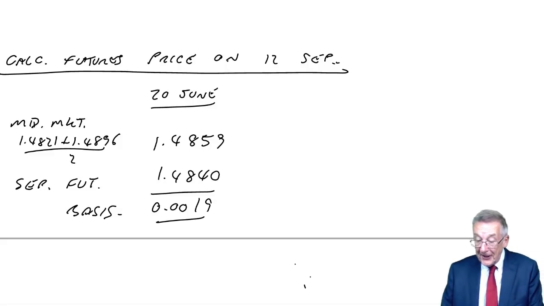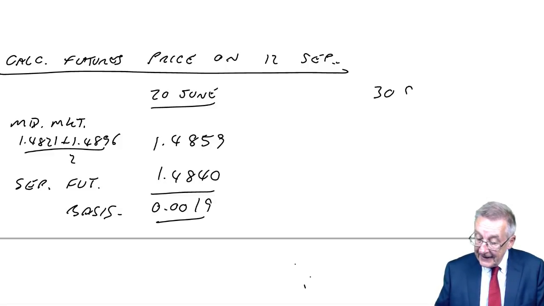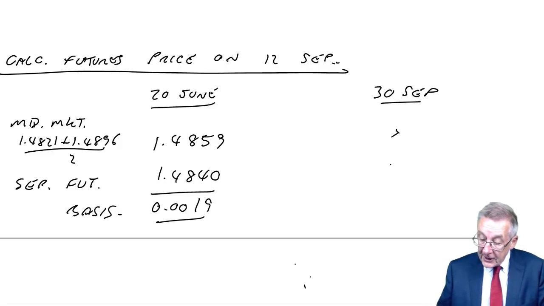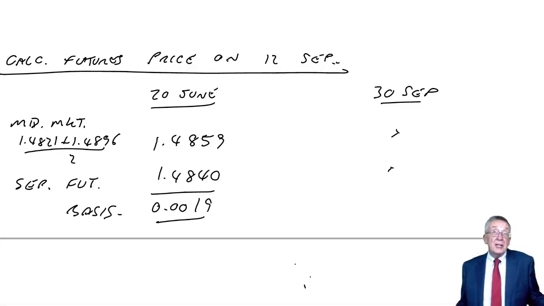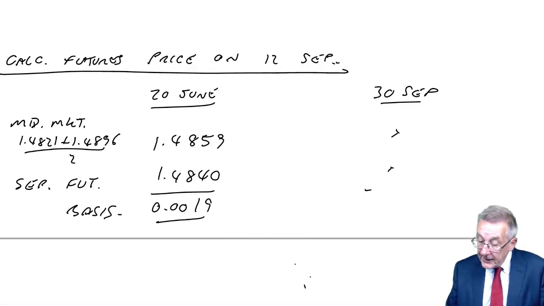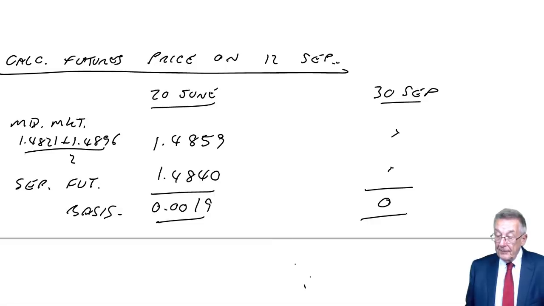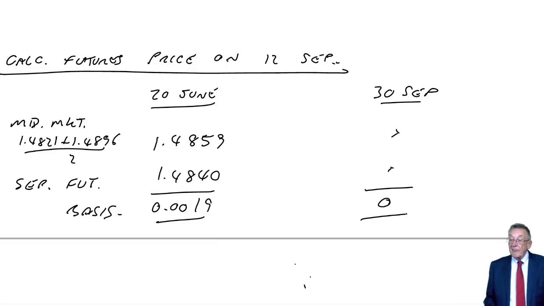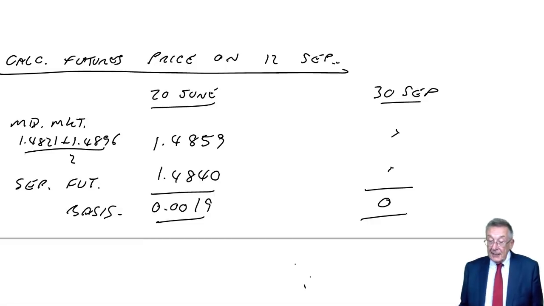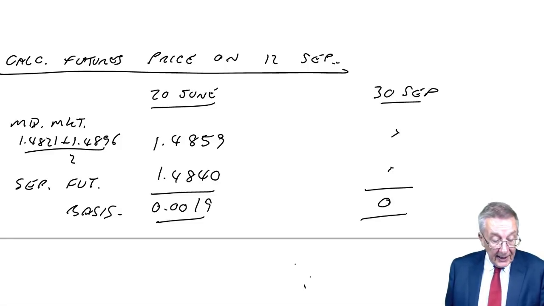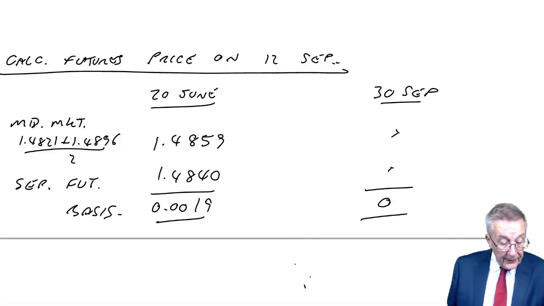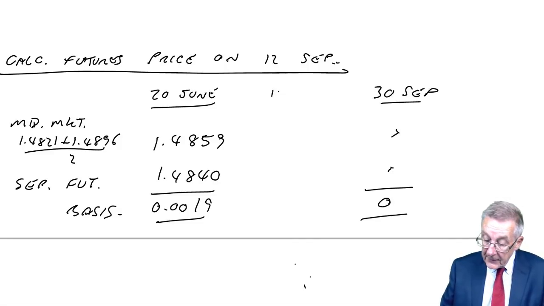The futures mature at the end of September. And so although I don't know what the two prices will be, and I don't care, the basis, the difference, will be 0. It falls linearly over the period, we assume that, and I want to know what they'll be on the 12th of September.